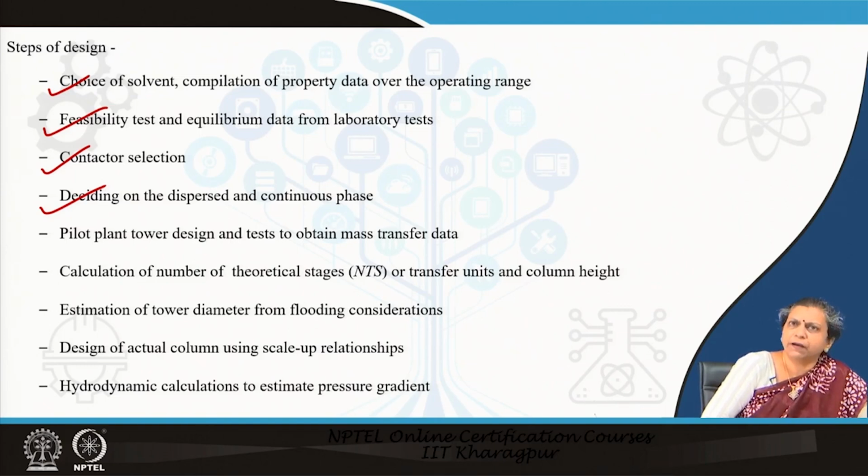Although for vapor liquid contacting in distillation we often prefer the bubble cap tray, in this case, due to low throughput and low efficiency of the bubble cap tray, we do not go for it.